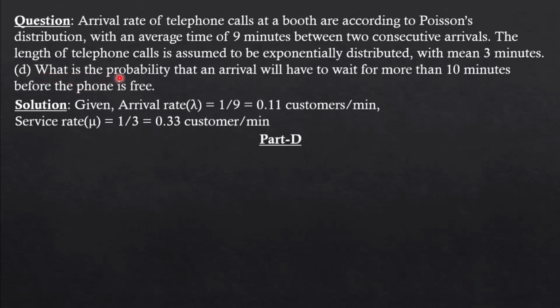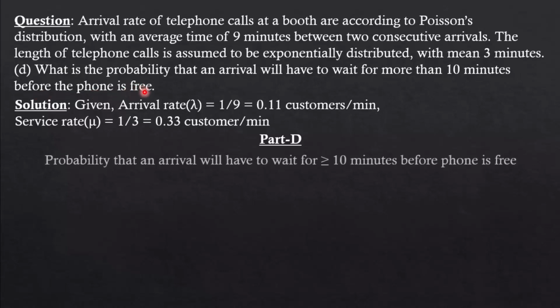What is the probability that an arrival will have to wait for more than 10 minutes before the phone is free? So we need to calculate here the probability of an arrival when the waiting time in the queue is greater than 10 minutes. And this is the formula we have seen.